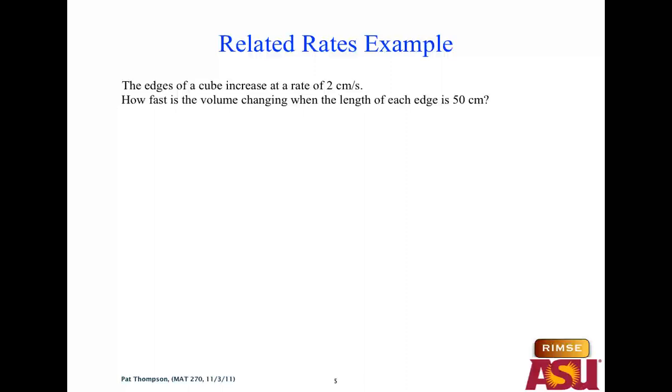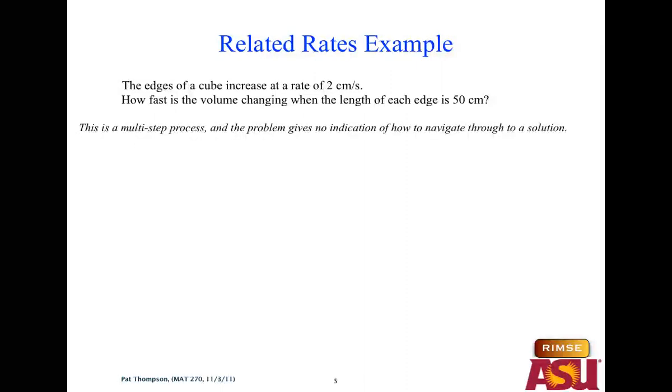I'm talking more generally. Something to relate those two, to associate those two equations. Which two things? Length of the edge of the cube. The edge length, and we need a relationship of edge length and volume in order to get a relationship of the rate of change of edge length and the rate of change of volume.